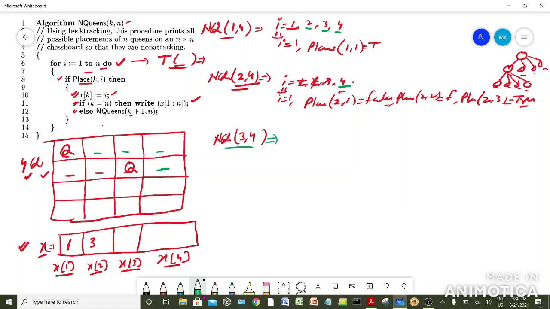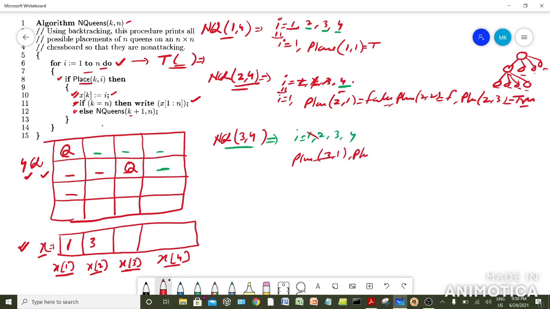So when we are trying to place the third queen, or we are trying to place the queen in third column, then again i will come into action, so i will again be equal to 1, 2, 3 and 4. Done. So place will be called with arguments 3 and 1, so the queen cannot be placed here, so 1 is exhausted. Done.